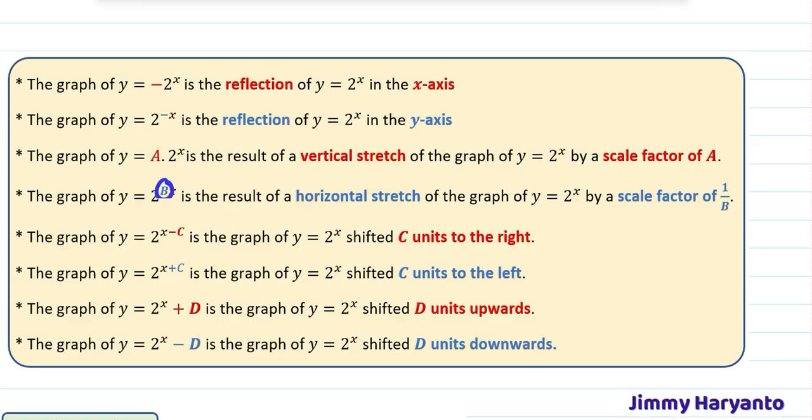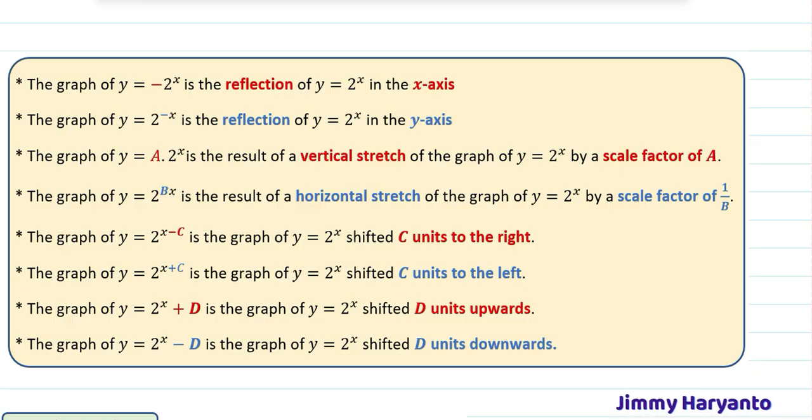b means horizontal stretch. Horizontal stretch means you have to multiply all of the values of x by the scale factor of 1 over b. Negative c in the power means you have to shift the curve c units to the right, plus c means c units to the left, and plus d after the power means d units upwards.